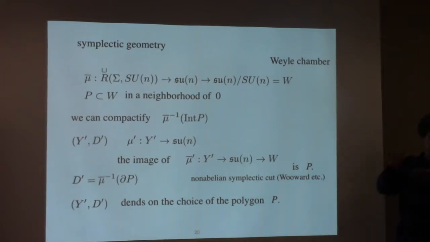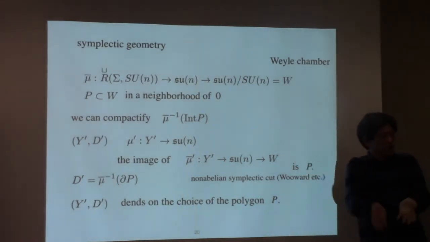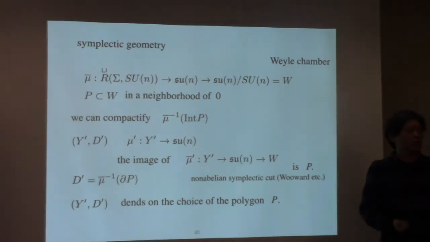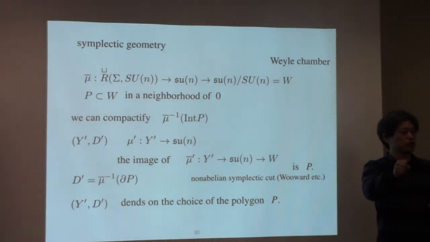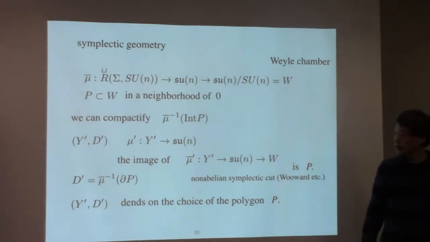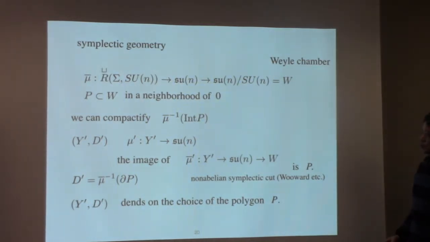You take the inverse image of the interior of the polygons, obtain divisors at the boundaries, and what you get is a compact symplectic manifold on which this group acts, and the moment map is mostly the same as the original. If you take this polygon small enough, the original symplectic structure is smooth and non-degenerate.